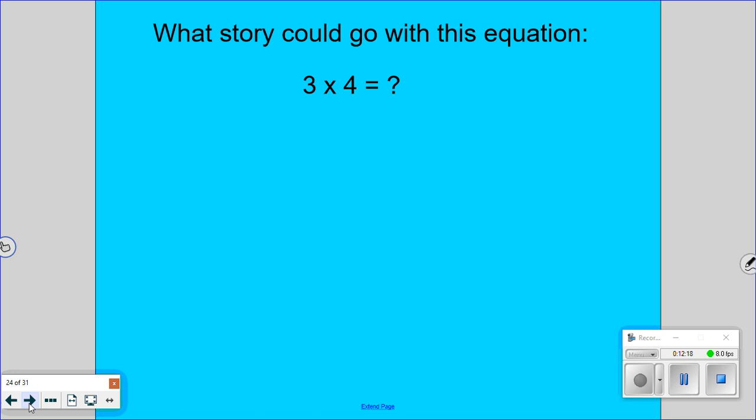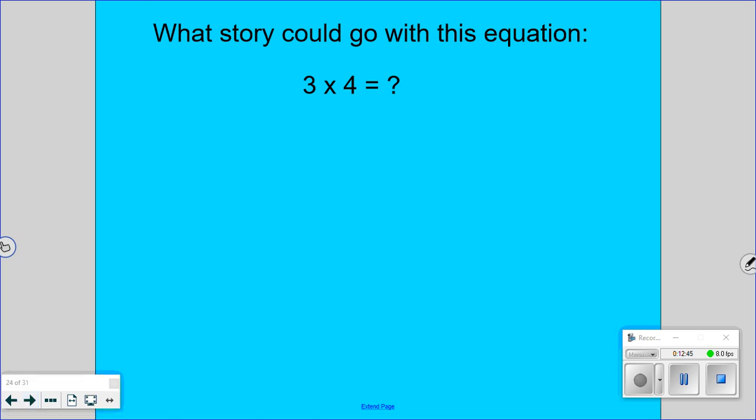Any other ideas of what math problem could match this story? Mason? Okay, Avery? There are 3 buckets of 4 bananas. Miss Miller wants to know how many bananas there are in all.